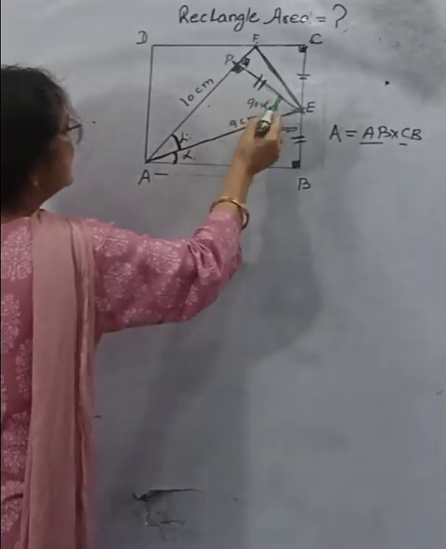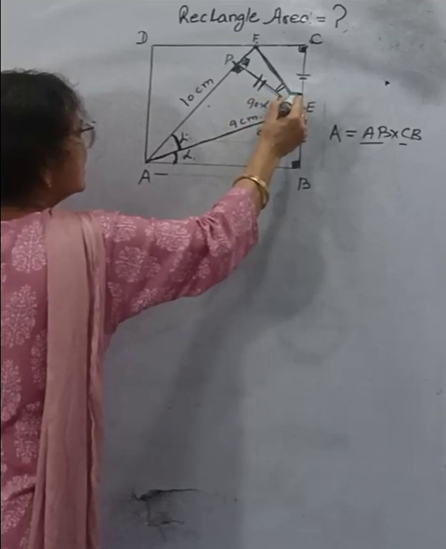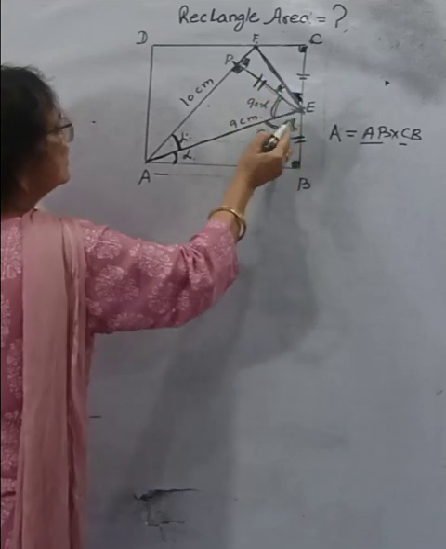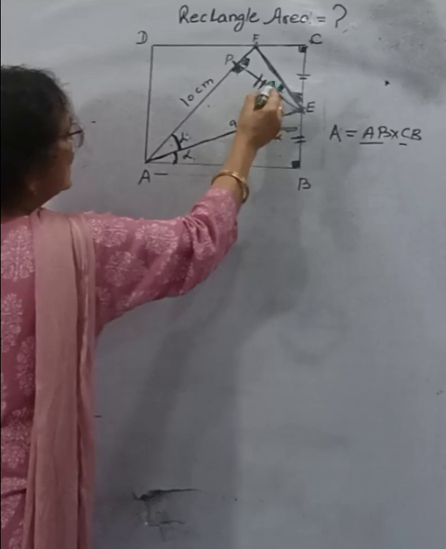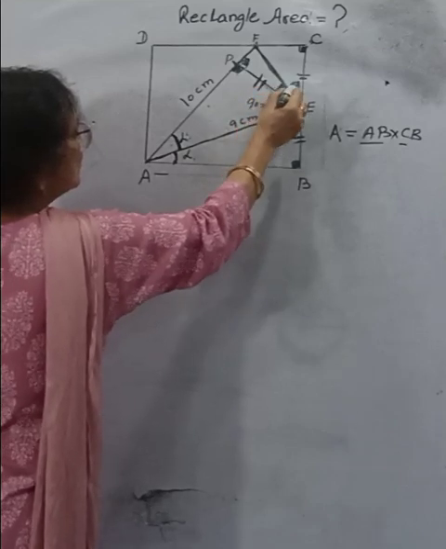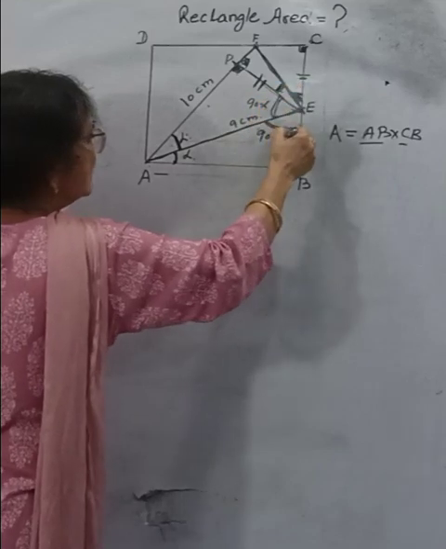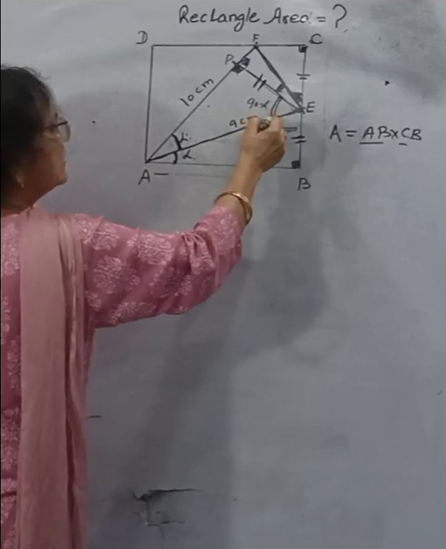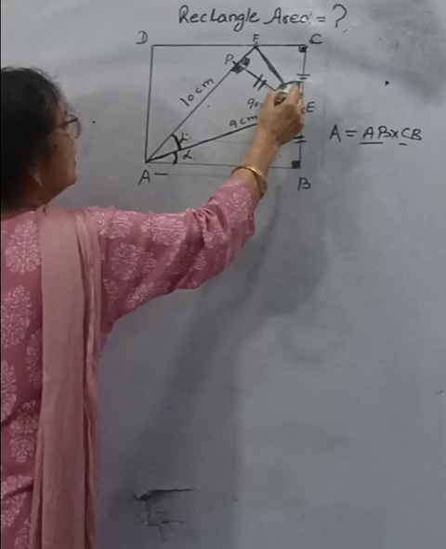So we can say this angle will be equal to this angle. Because this whole angle is 180, out of this, this portion is 90 minus alpha and this portion is 90 minus alpha. It means the remaining two together are 2 alpha.